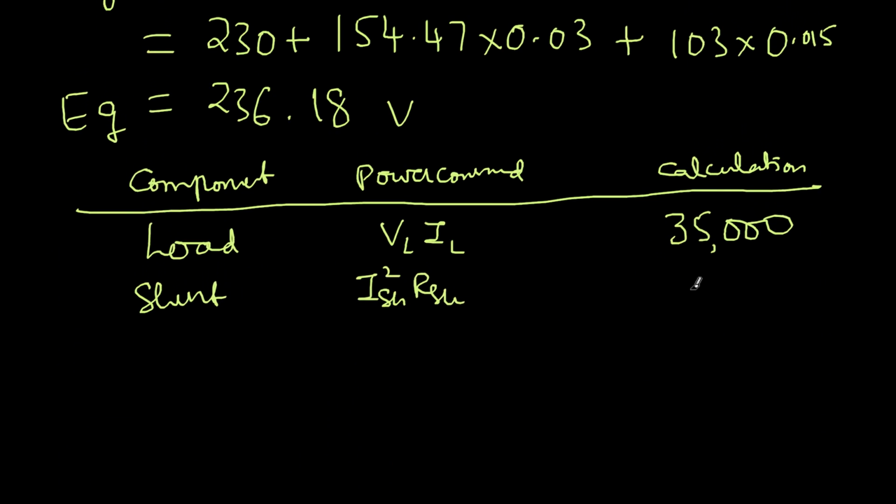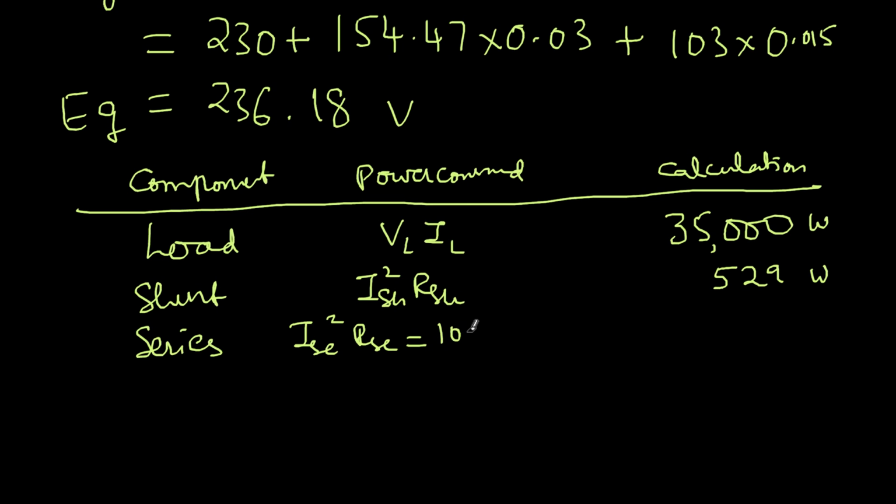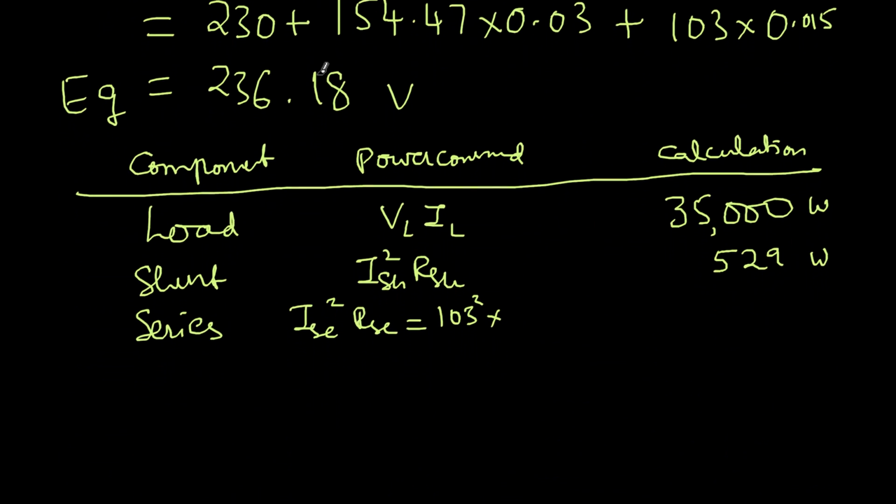So that I'll write here. And what is the power consumption in the series field winding? ISC square into RSC, which is nothing but 103 square into series resistance, which is how much? 0.015.